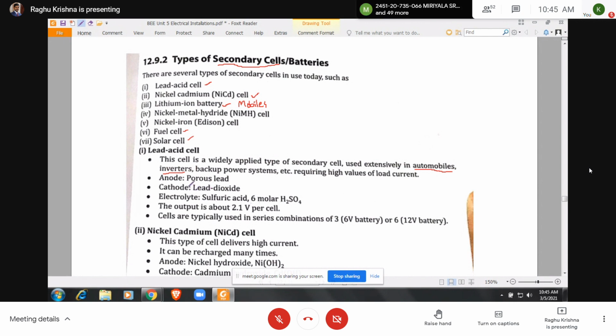Also in inverters: an inverter unit has a battery and an inverter, and in backup power systems, etc.